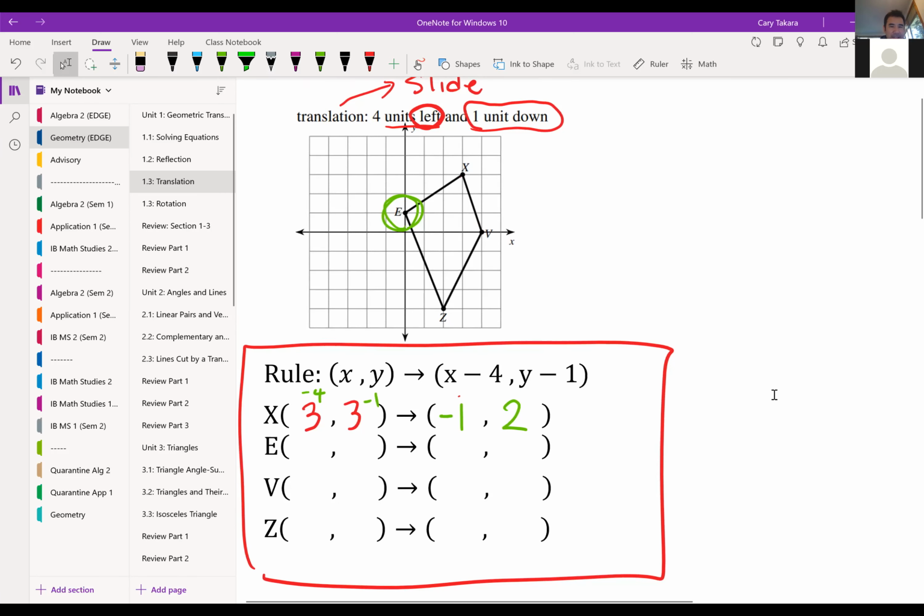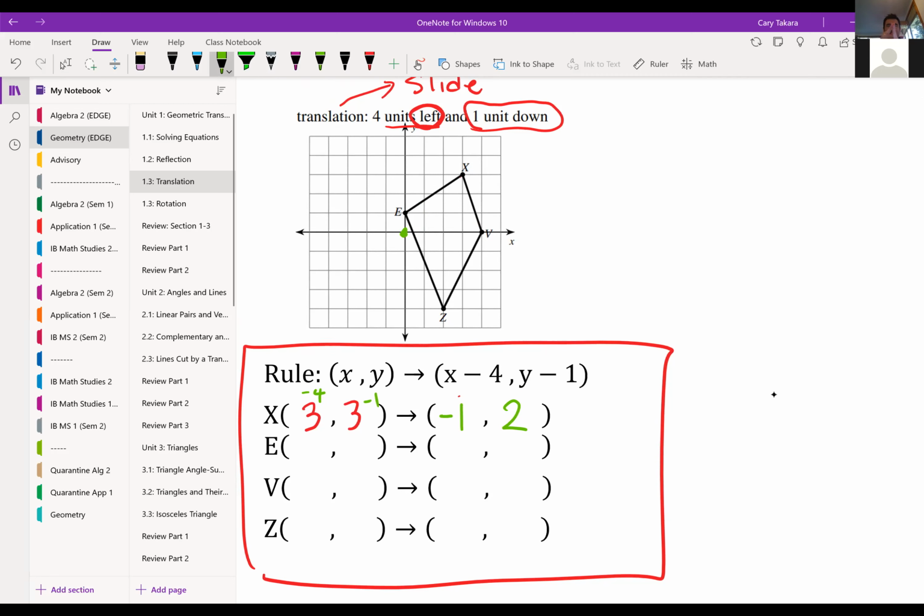So what's the E? Is it 0, 1, or 1, 0? Last class, a couple of people answered 0, 1, and some said 1, 0. Which one is it? E is, again, always the sideways shift first.